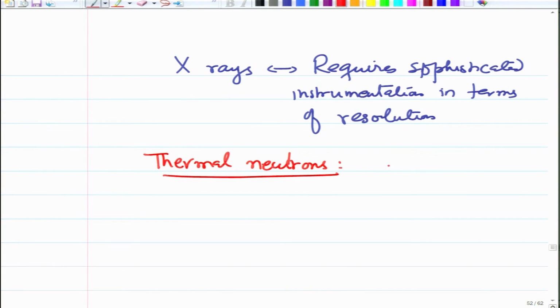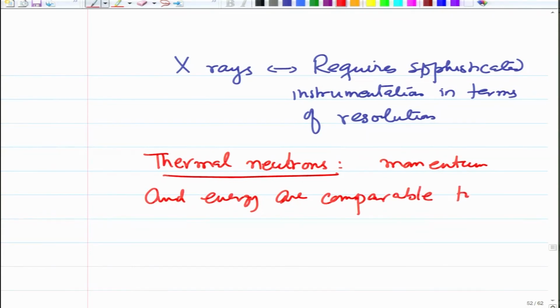This also requires a reactor and things like those, but the rest of the energy and momentum are comparable to those of phonons, and therefore, they are used quite extensively in studying omega versus k behavior.